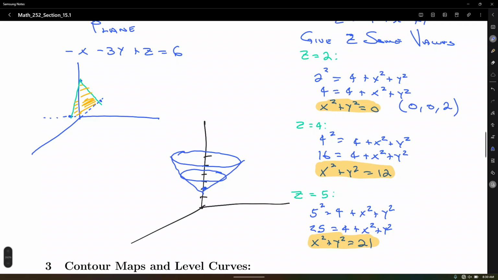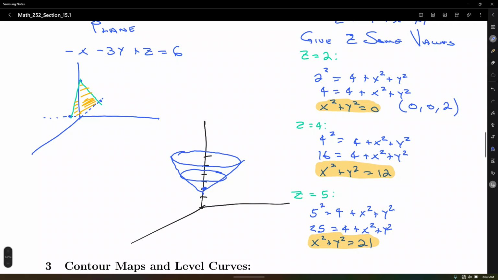All right. So that's another way to graph surfaces using the traces for different values of z. But it may get hard when we get functions that are not the common quadratic surfaces.